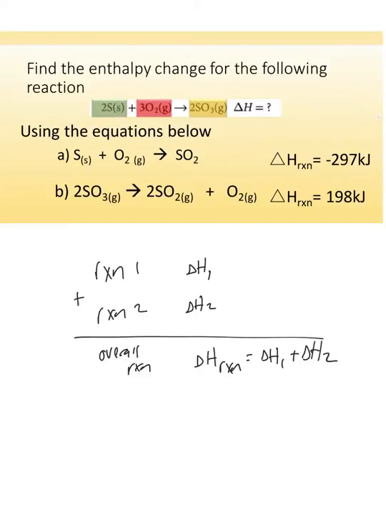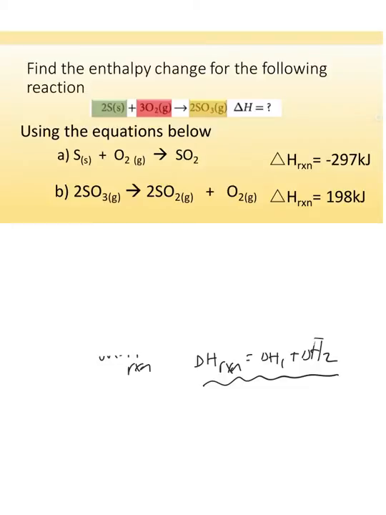So if you have reaction 1 and reaction 2, that's how to get the overall reaction. Now sometimes you have to manipulate the reactions a little bit in order to get them to equal the overall reaction. Anyways, let's take a look at this question right here.